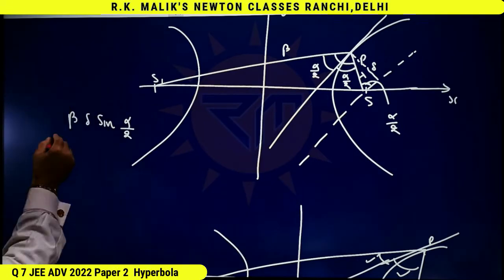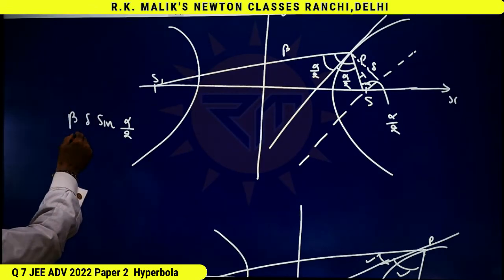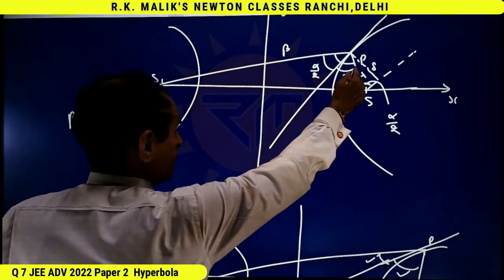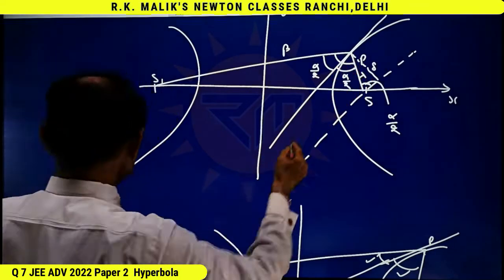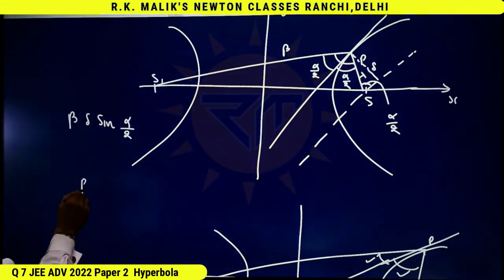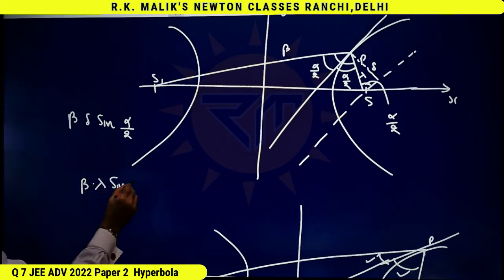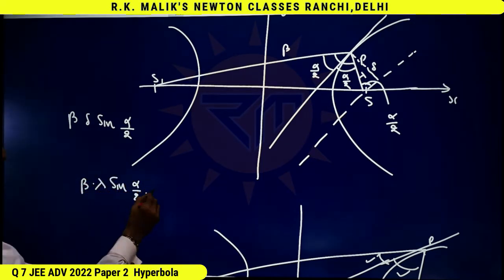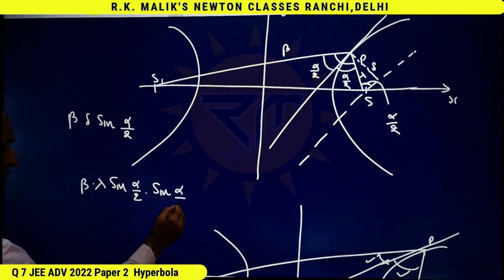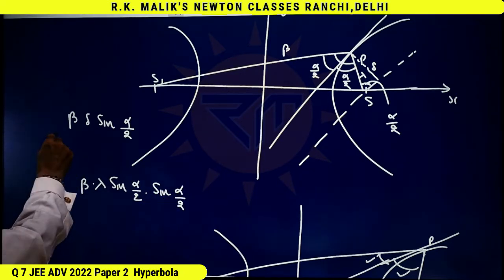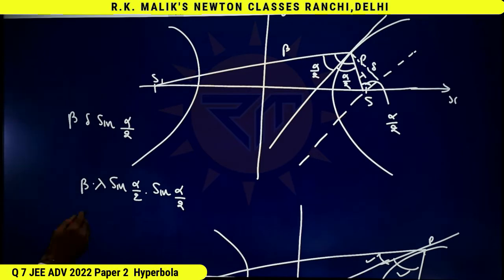And now delta can be written as lambda sine alpha by 2. Keeping this figure in mind, I can say beta into lambda sine alpha by 2 into, note that I have ignored 9 for the time being. Now I have to find the value of beta delta sine square alpha by 2.